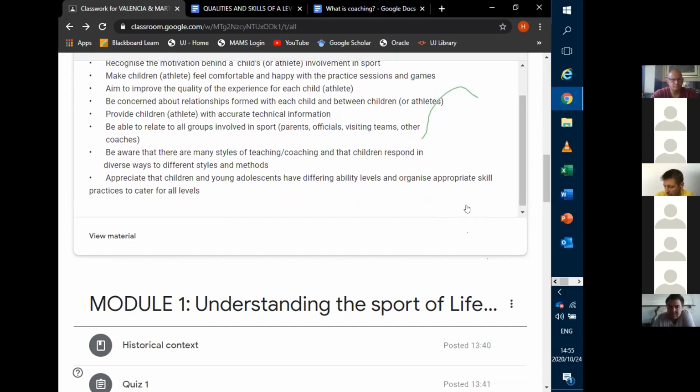Be aware that there are many styles of teaching and coaching, and that children respond in diverse ways to different styles and methods. Remember, each person is unique. You might get a bright child that catches on quickly. You might get a child with a learning disability, and you need to deal with that very patiently, but not embarrass the child.